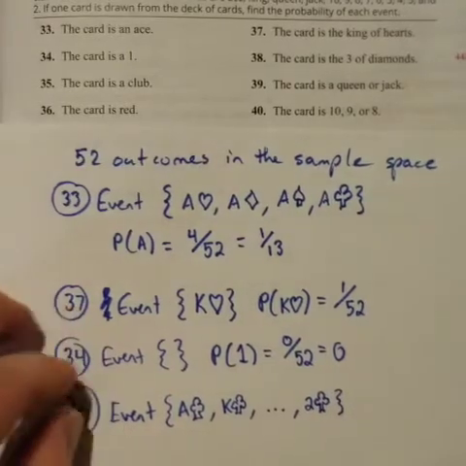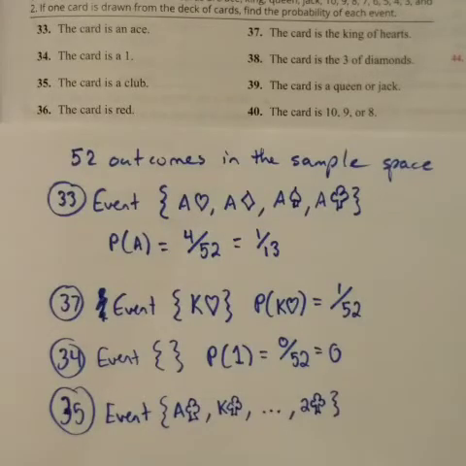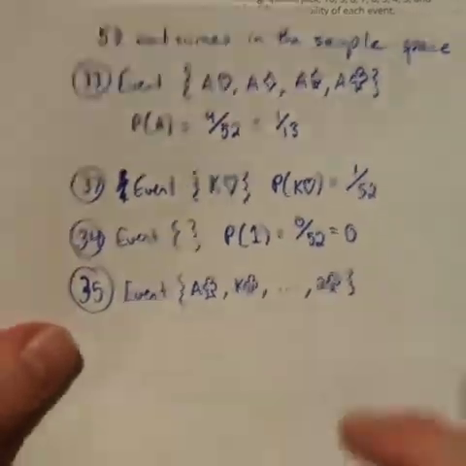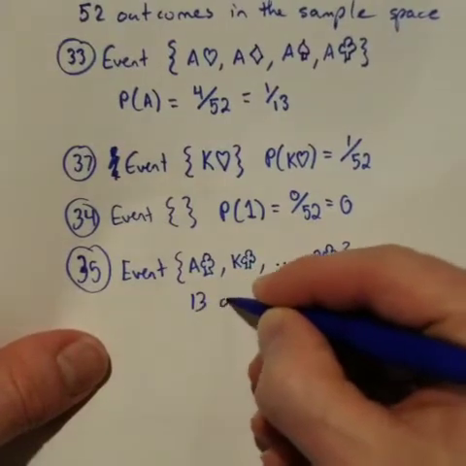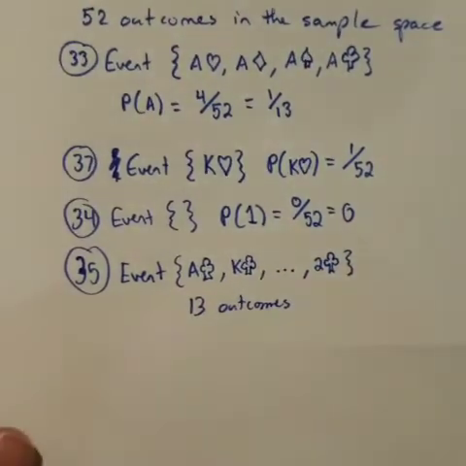I'm not going to write all of them out, but there are 13 outcomes, because there are 13 cards in each suit.